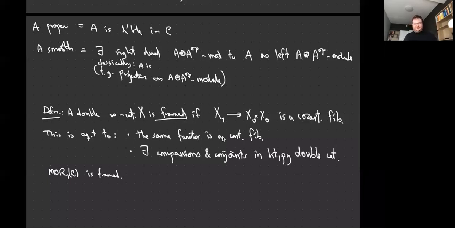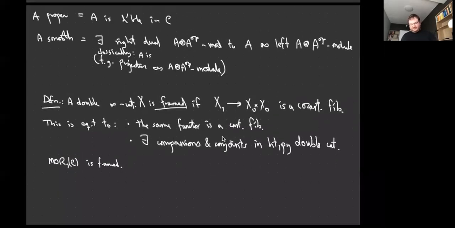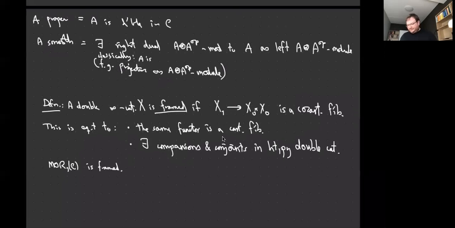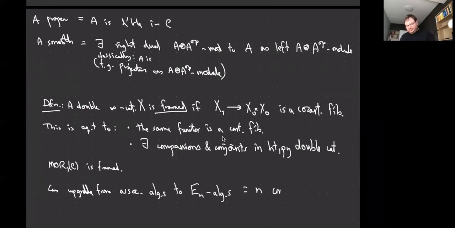But then you can also generalize this, and this is one of these generalizations that I wanted to mention, that you can upgrade from associative algebras to E_n algebras, which is a way of defining things with n compatible associative multiplications.